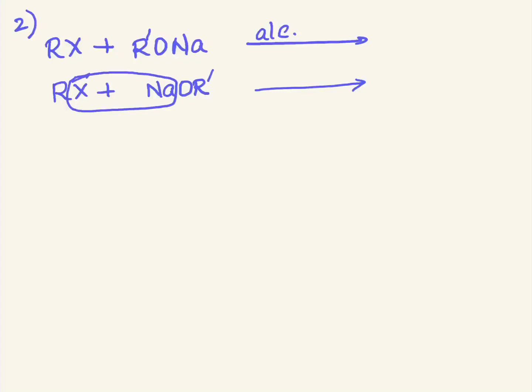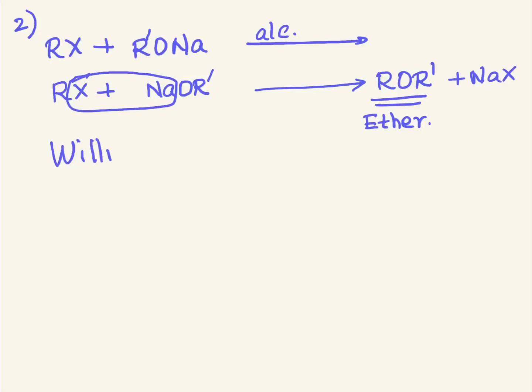We have NaX and we are left with ROR dash. What is this now? What compound is this? Can you recall? Yes, it is an ether. Got it? This particular reaction is known as Williamson's ether synthesis. So where are we again going to come across this reaction?